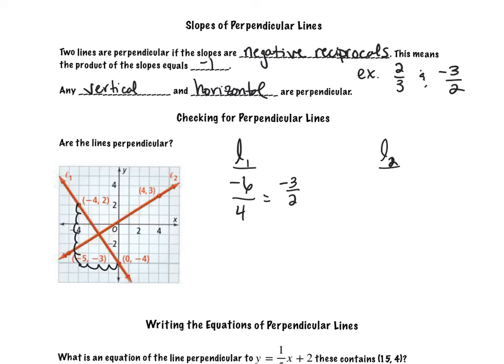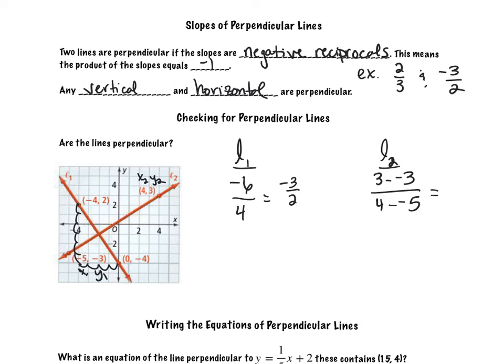Then I look at line 2, and I can say x1, y1, x2, y2: 3 minus negative 3 over 4 minus negative 5.